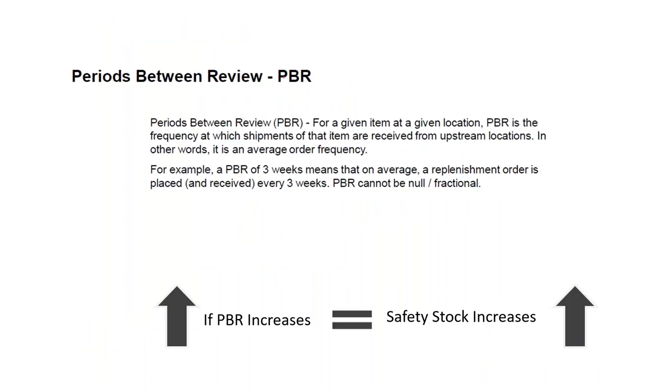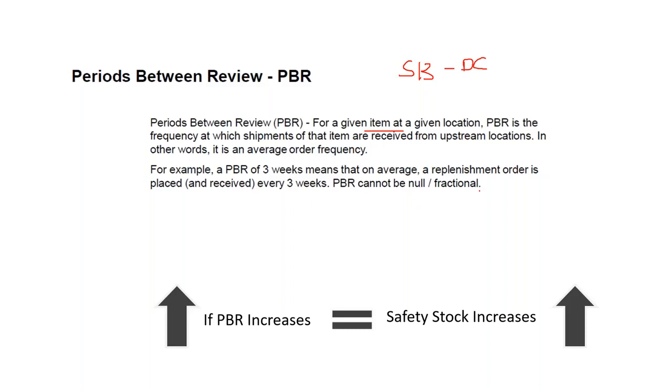PBR, what does it mean? For a given item at a given location, let's say S13 in DC, PBR is the frequency at which shipments of that item are received from upstream locations. In other words, it's the average order frequency. For example, a PBR of 3 weeks means that on average, a replenishment order is placed and received every 3 weeks.